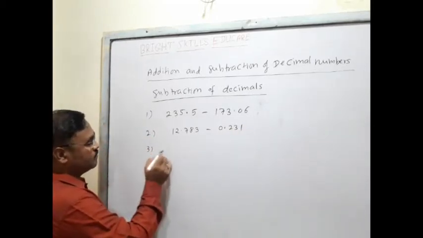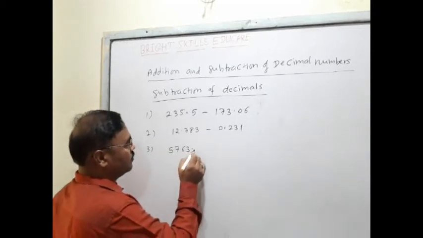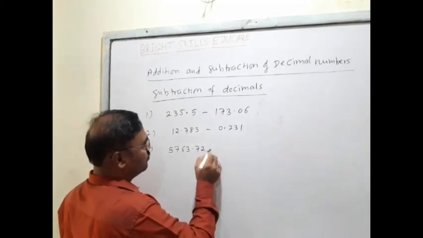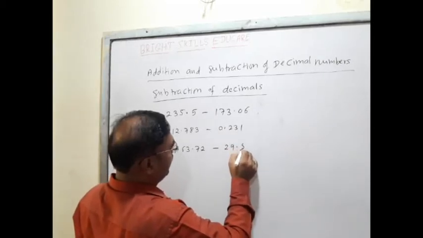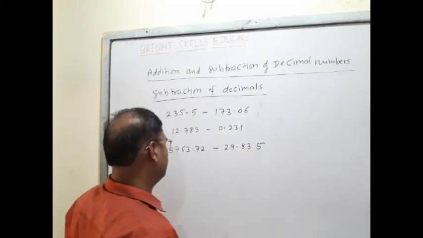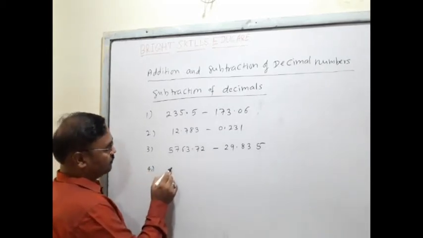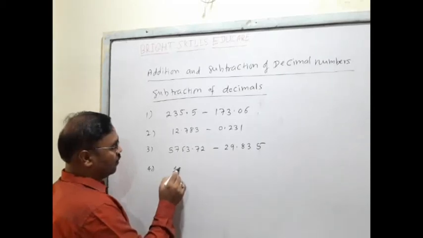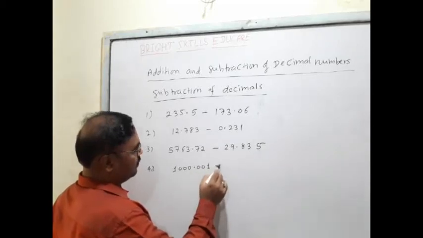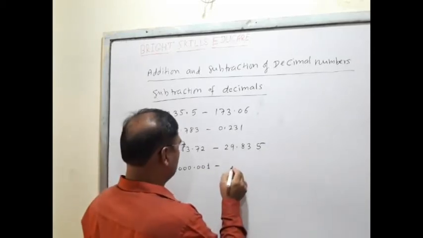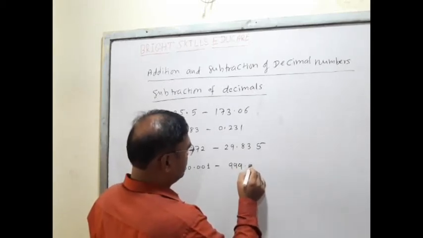Third sum, 5763.72 minus 29.835. Fourth sum, 1000.001 minus 999.001.